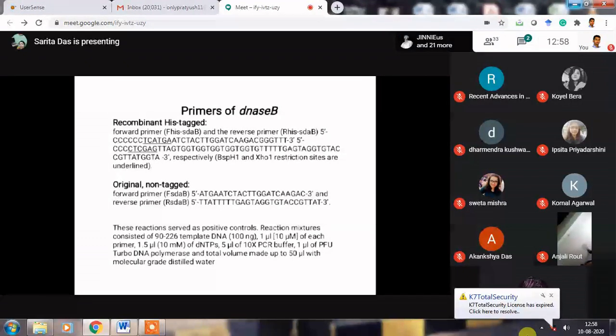The underlined sequences, TCATGA and CTCGAG, are the restriction sites.